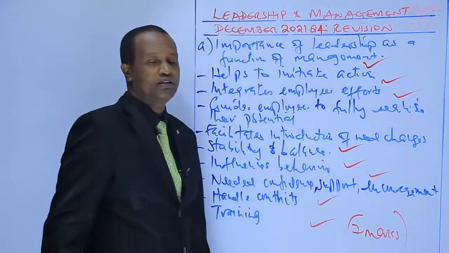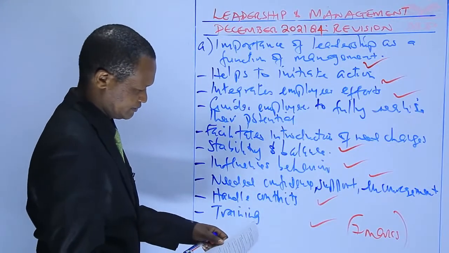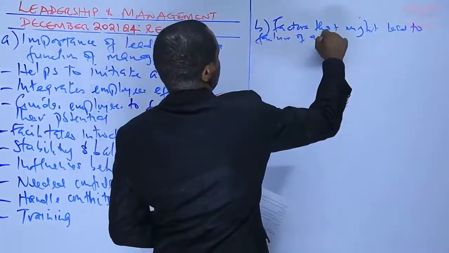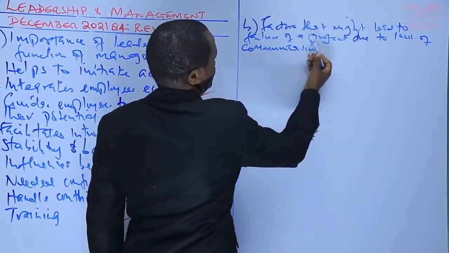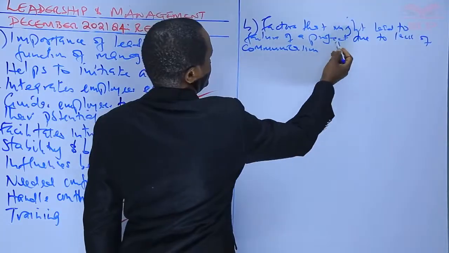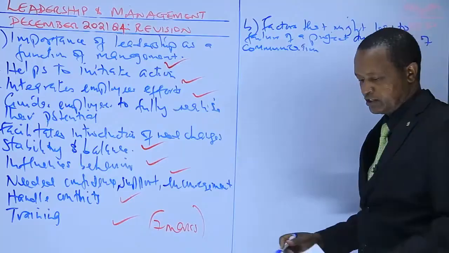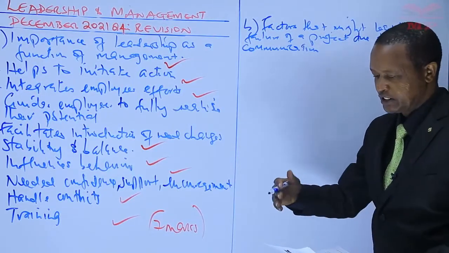the needed 7 marks. Part B of this question reads, communication is an important tool in project management. With reference to the above statement, explain 4 factors that may lead to the failure of a project. The question is not a general one.